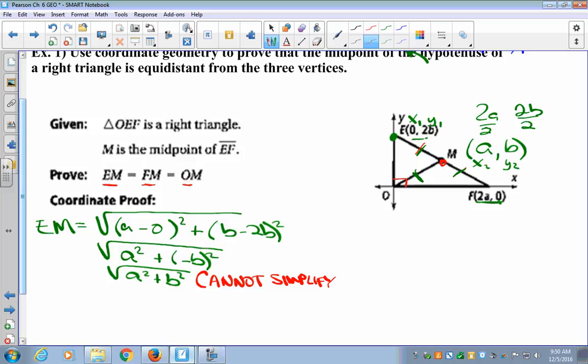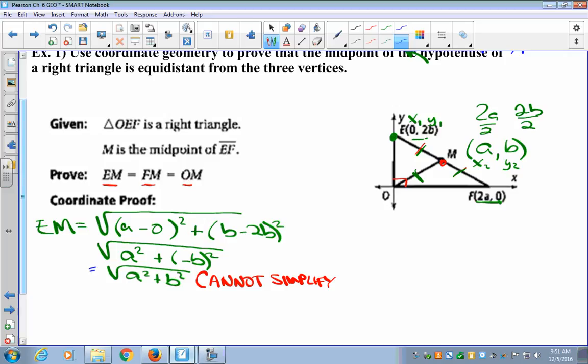They have to be multiplied or divided in order to be able to apply the square root. So unless this A and B were in parentheses and the square was on the outside of those parentheses, we cannot simplify this down. So we're just going to have to be okay keeping it like this.